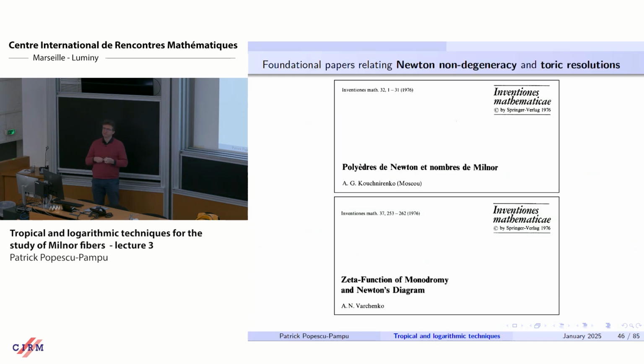Why Newton? This makes reference to the Newton polyhedra and the two foundational papers about Newton non-degeneracy and the associated toric modifications, which were published in 1976 by Kushnirenko and Varchenko. In the first one by Kushnirenko, Polyèdre de Newton et Nombre de Milnor, he proved a formula of the Milnor number of a Newton non-degenerate hypersurface in terms of the corresponding Newton polyhedron.